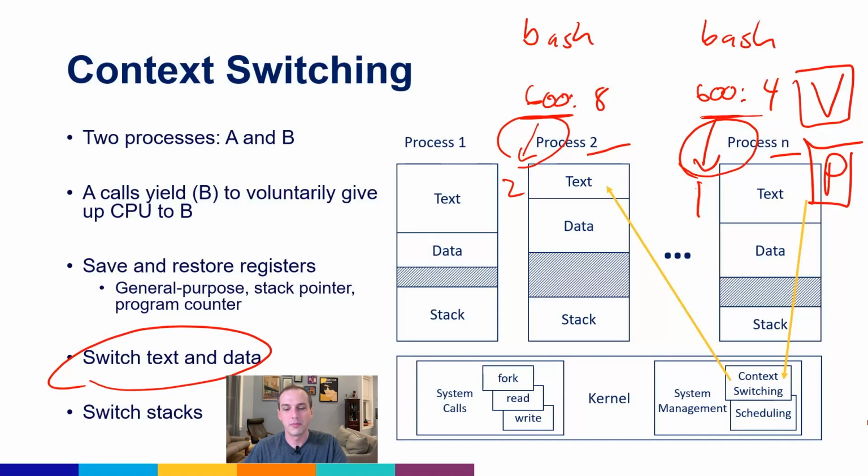But when we do a context switch, all of a sudden, 600 maps to 2. This mapping is something that has to happen for every single load and every single store. So it is supported by very, very fast memory in the processor and by the way that the processor was designed itself.